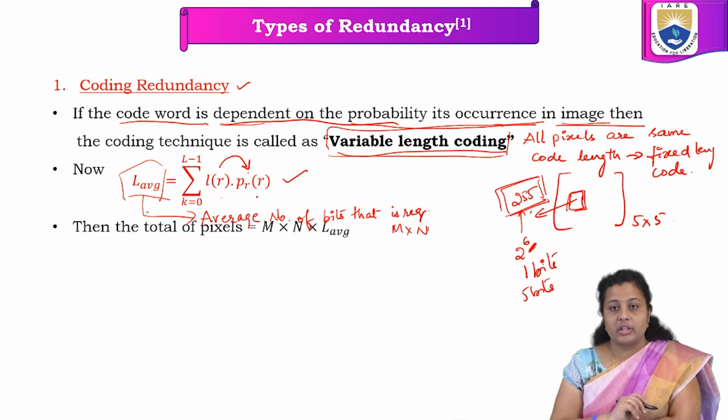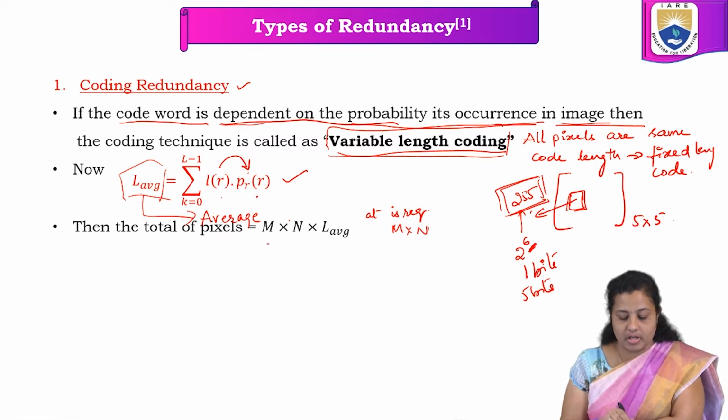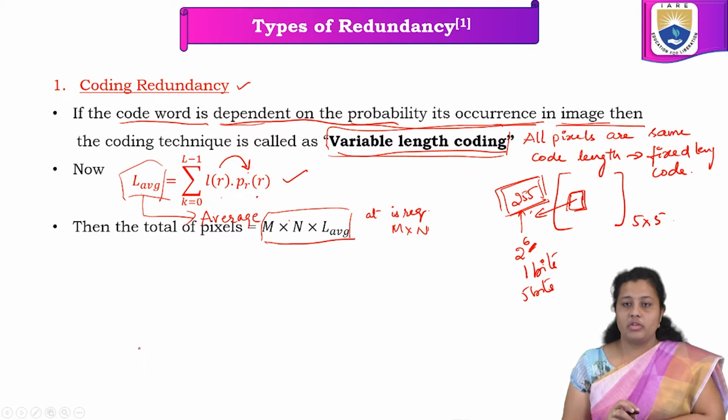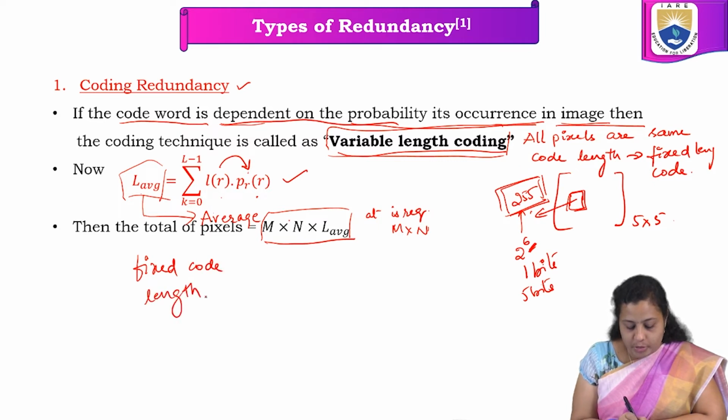So how does it affect? The total number of bits required to represent our image will now be L average into m cross n. Previously, when we used a fixed code word length, L average was equal to L of r.